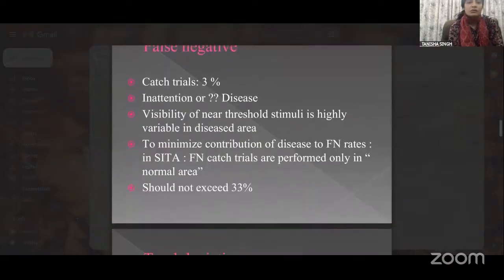So in the false negative, what happens, as the test proceeds, some patients who are very old or fatigued can have inattention during the progression of the test. So the peripheral points are not taken up correctly by the patient. It can also happen in advanced diseases. So it's not like always false negatives should be discarded. We can take it with a pinch of salt and not discard the field as such.